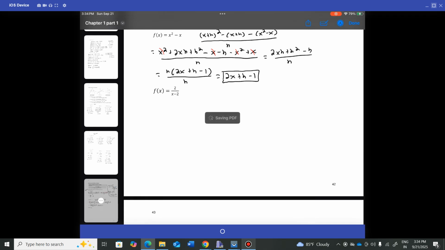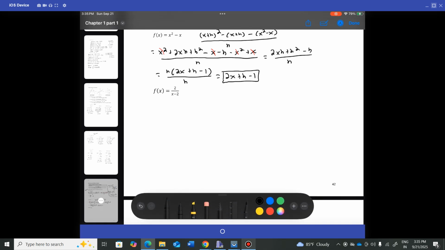Right, last one, 2 over x minus 2. Now, since we're dealing with rational functions, this is going to require finding a common denominator. Unfortunately, it's not going to be a nice little common denominator either. But I'm going to try to make this as simplified as possible.